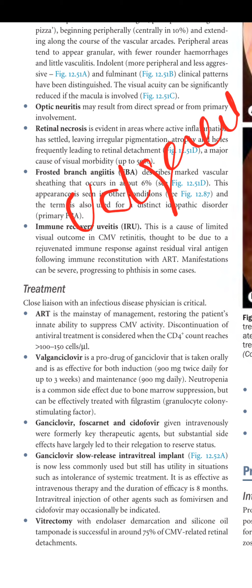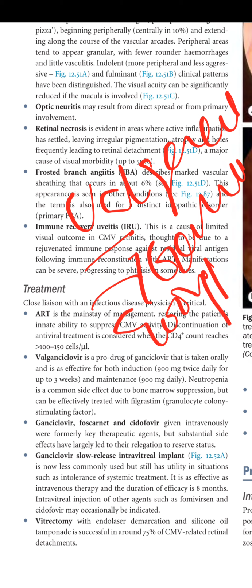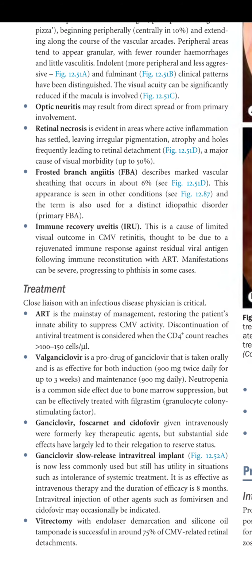Basically it is a prodrug which is converted into ganciclovir, and for the induction dose you give 900 milligram BD for 3 weeks and then 900 milligram daily, and its side effect is neutropenia, which is treated by filgrastim.